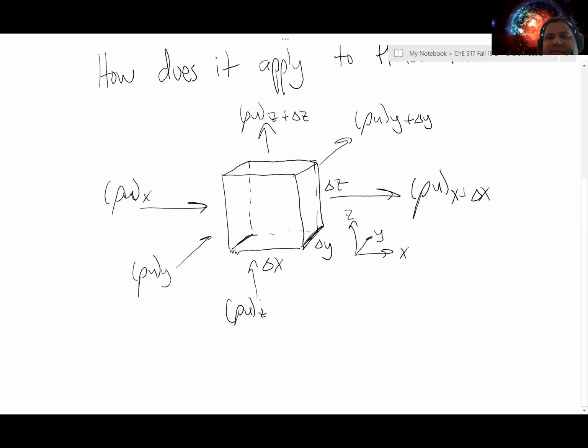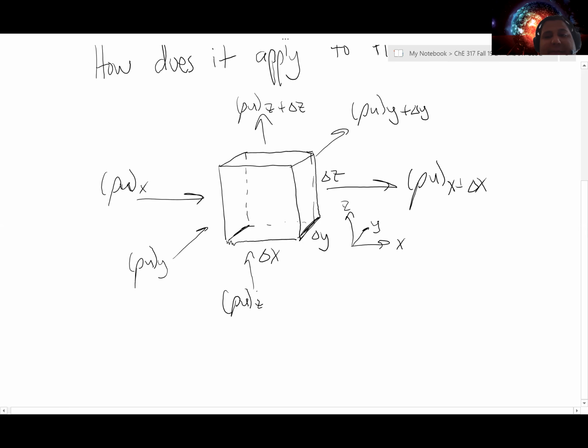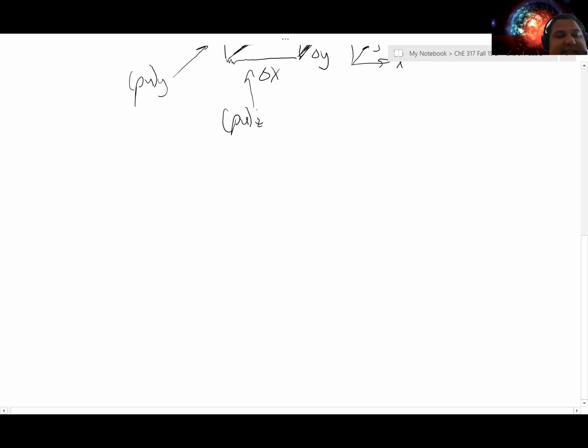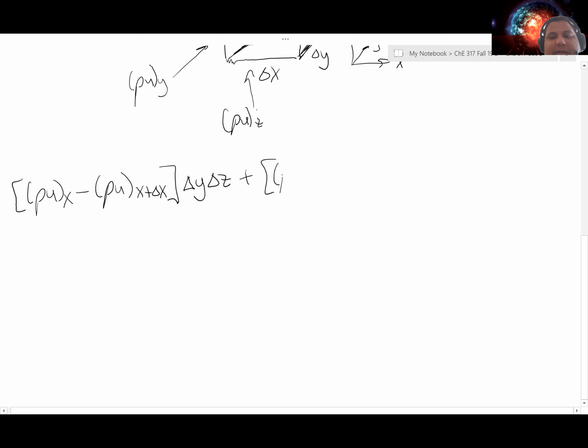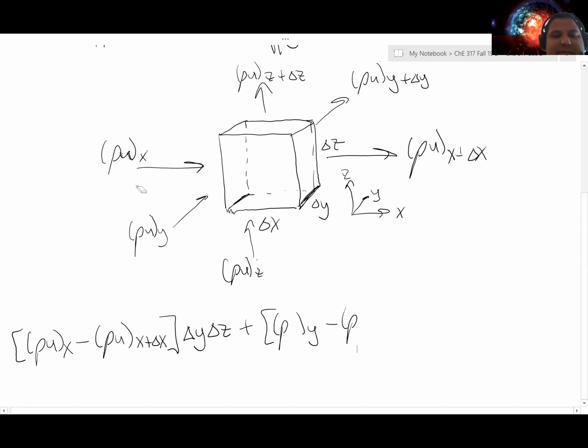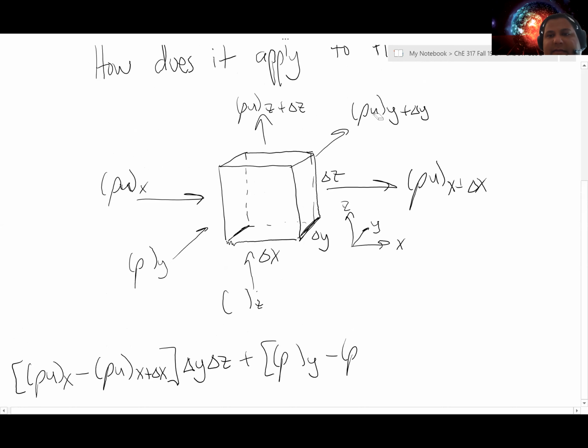So if we were going to officially write out this differential mass balance, we would get an expression that looks kind of like this, right? Rho u x minus rho u x plus delta x, and with regard to delta y and delta z, plus rho v y minus rho v y plus delta y, because these are going to be different vectors. So we're going to use v for the y coordinate, w for the z coordinate.